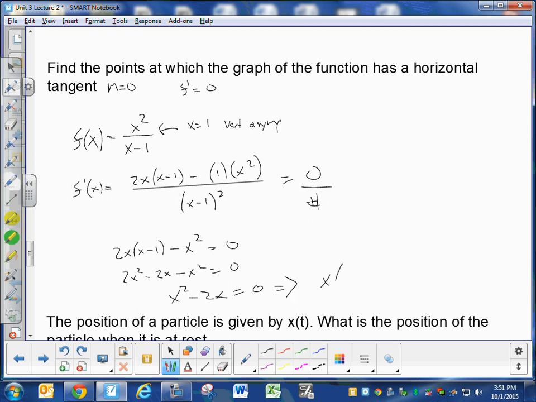I'll get x times (x minus 2) equals 0, and I find two locations, 0 and 2. Okay, that is good. It is not 1. It's two different locations, at 0 and at 2. We will have a horizontal tangent, so long as my math is correct, and I believe it is. Okay, so that is how we solve some fractions set equal to 0.